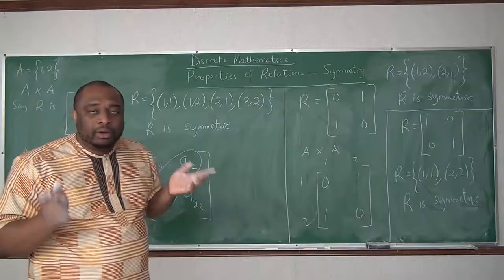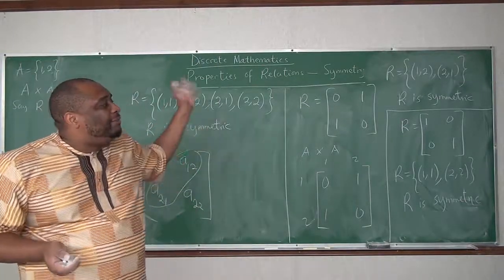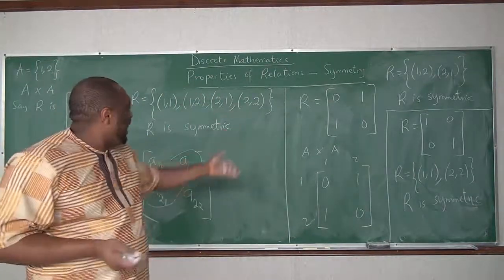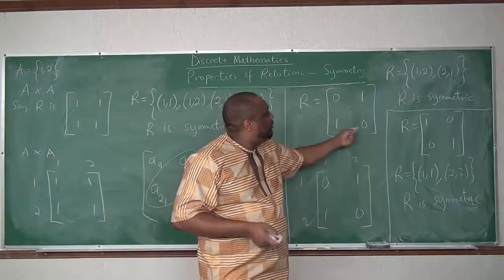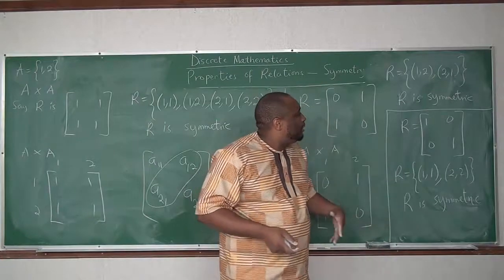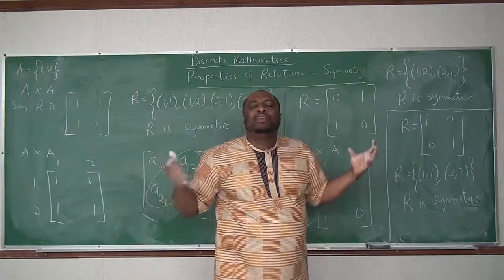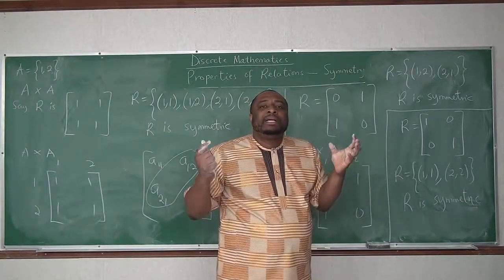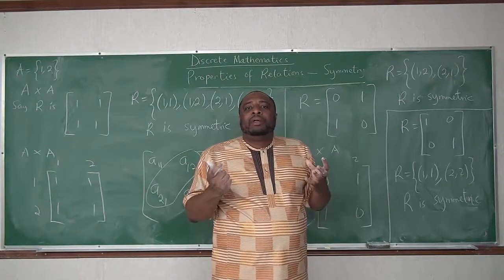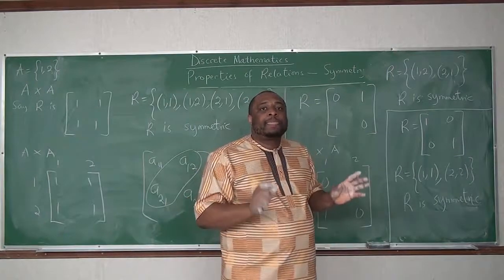We notice that again, you could have the elements along the principal diagonal to be 0 in this case, and here the elements along the principal diagonal are 1, and it's still reflexive. So in general, how do we know that a relation represented as a 0, 1 matrix is symmetric?